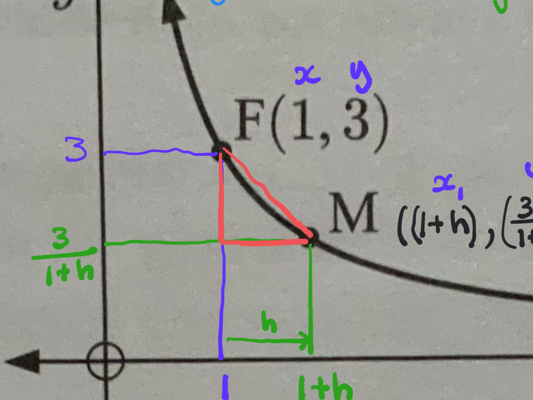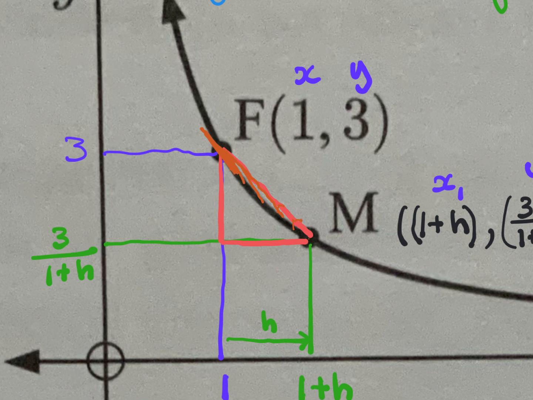If I wanted it just at f, which is just here, I need to bring that m towards the f. So I'm going to move it closer and closer and make that tangent even shorter and shorter.